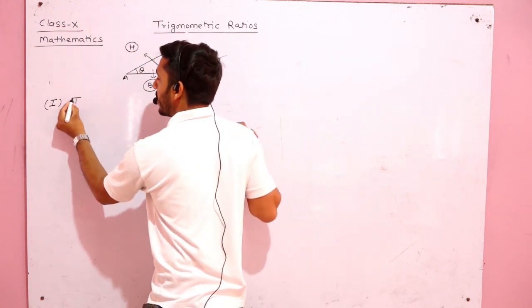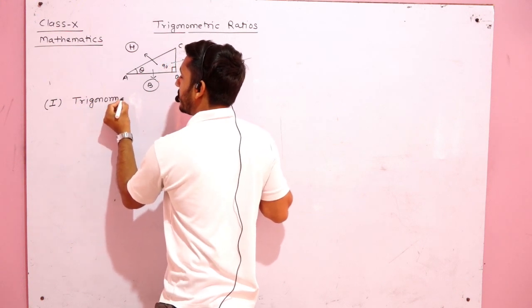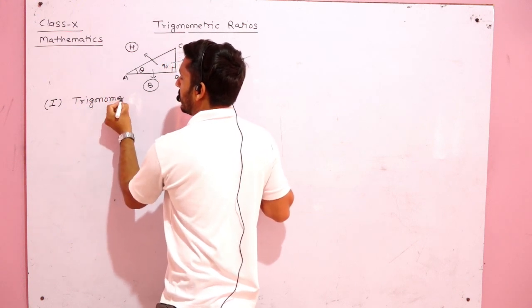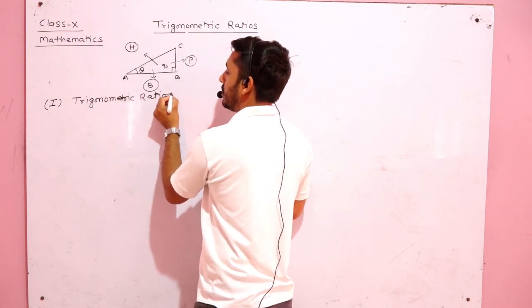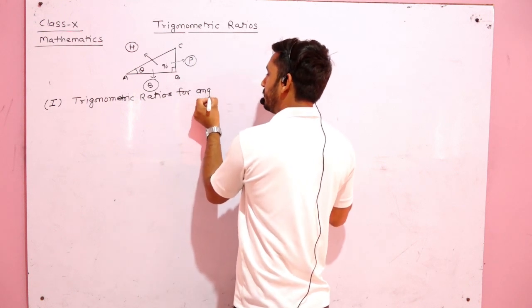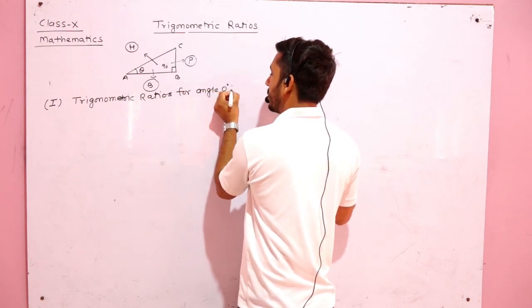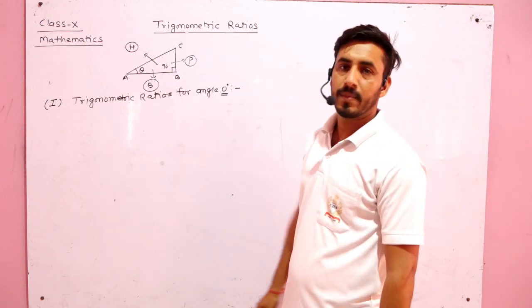Trigonometric ratios for angle 0 degree. First I am taking the value of theta as 0 degree.